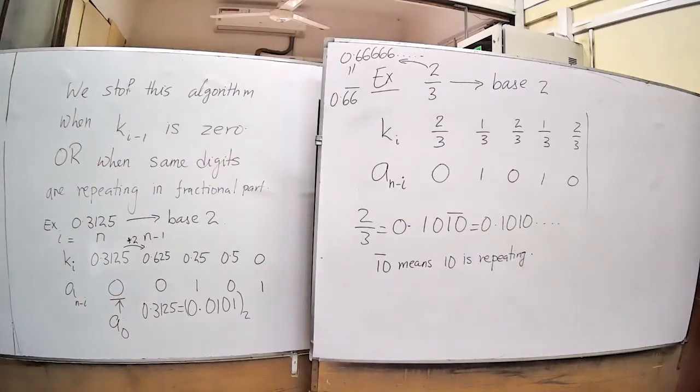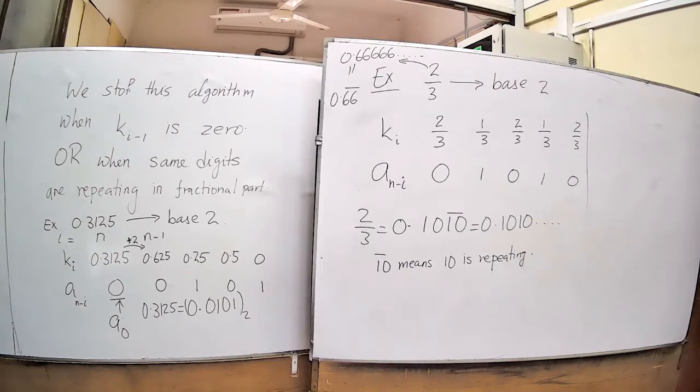So this is the difference here. You have to be careful when you are converting a base 10 fraction into a base 2 fraction, because in base 10 you may have some fractions which have repeating digits, like the example 2/3. 1/3 is another example, which is 0.33333.